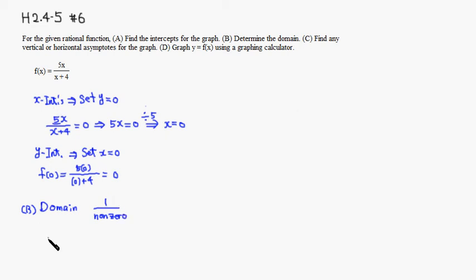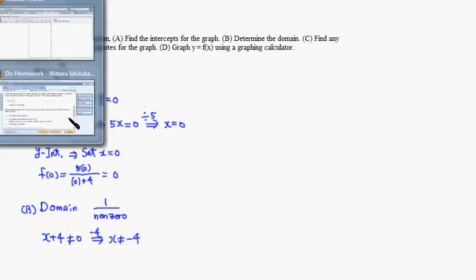So in this case, the denominator is x plus 4, and we don't want this to be 0, so it's not equal to 0. We can solve this just like an equation. Subtract 4 from both sides. So x is not equal to negative 4. It cannot be equal to negative 4.